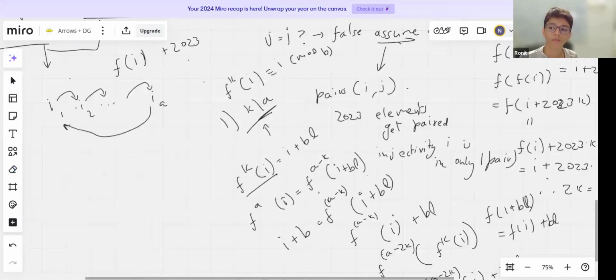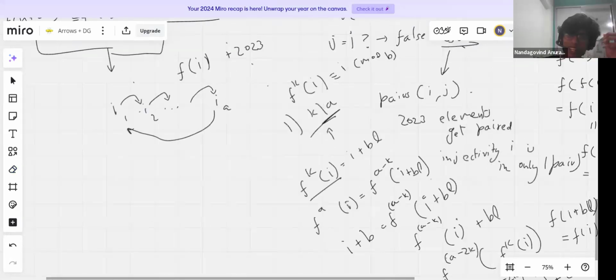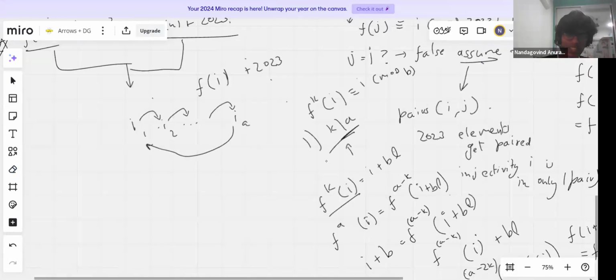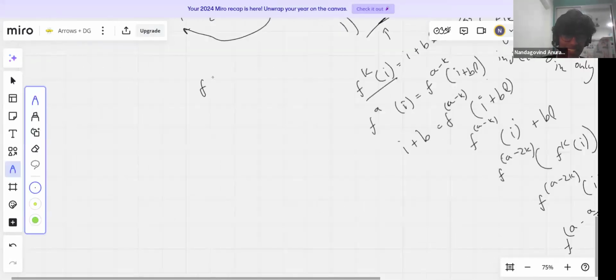You don't need to do all of that. It's just, say that a is equal to tk plus r, right?